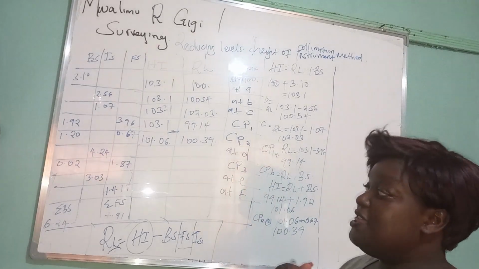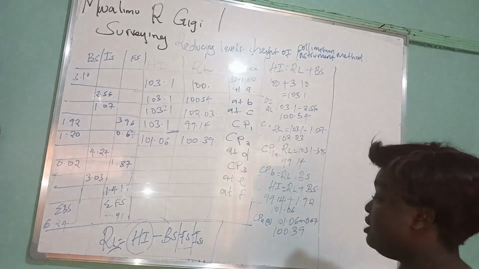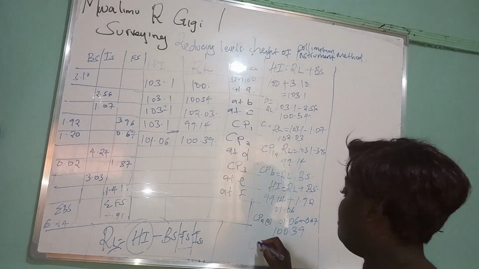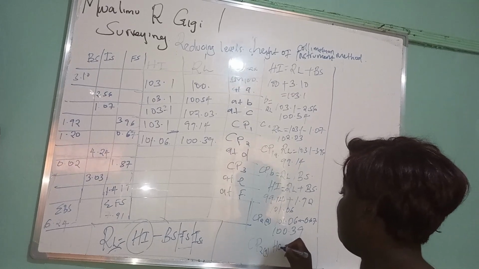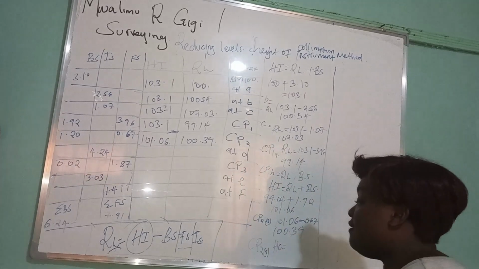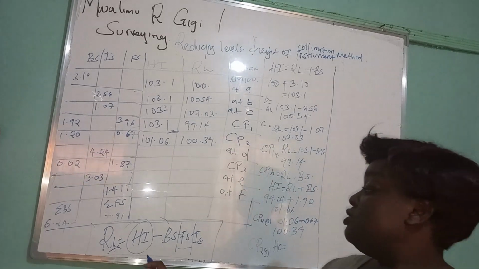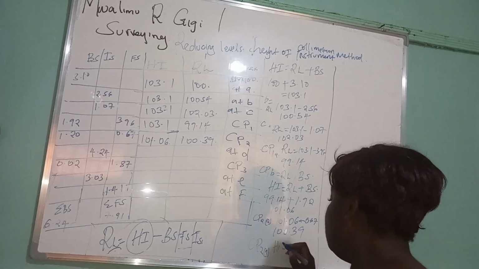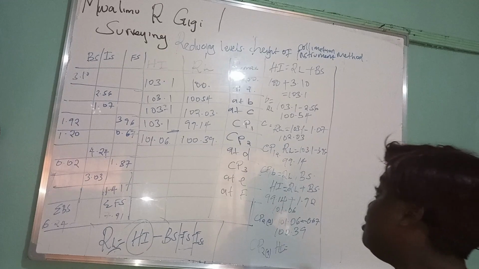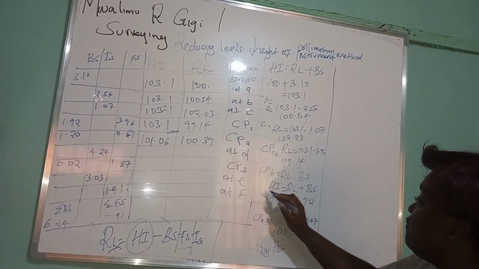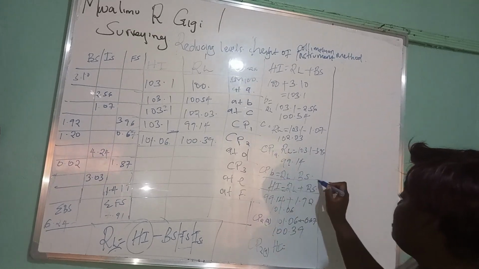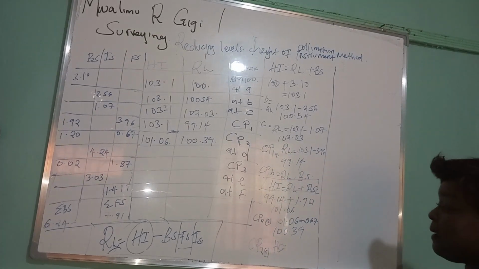So we want to get the height of collimation. We had to get the height of collimation at change point 2B. To get the height of collimation, we say that it is reduced level plus backsight.